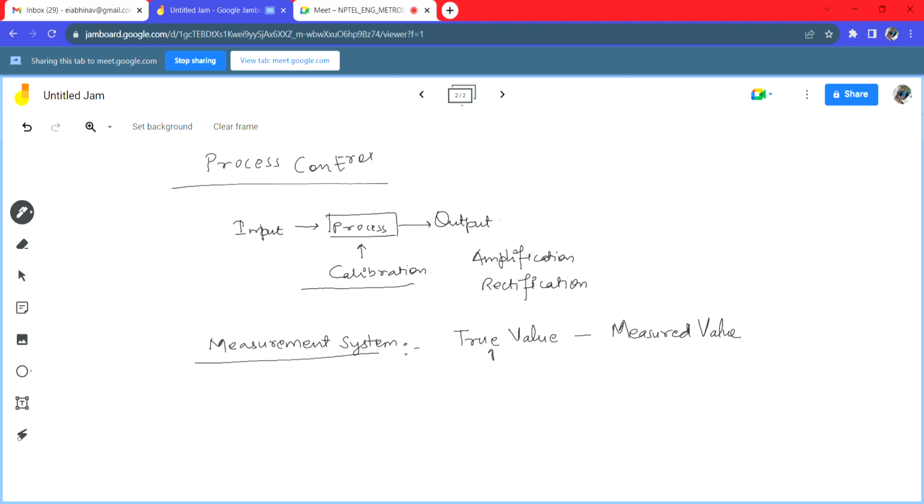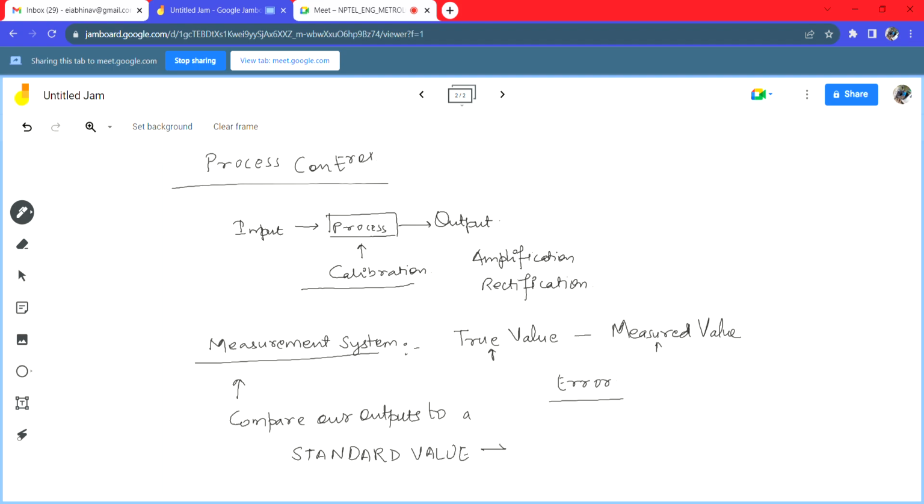And based on these two values, we were calculating the errors that were being generated in the instrument. Now, with these two values and the value of the error, we are pretty sure that if we have to design a measurement system, we need to compare our value to a standard value.